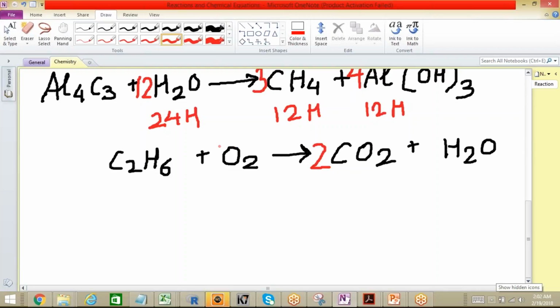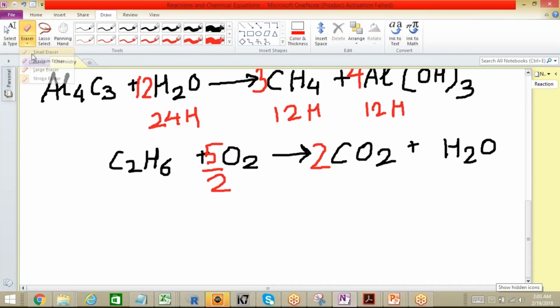Well, not to worry, let's have it as 5 by 2, right? Now, if you make it 5 by 2, what will happen? This 2 will be cancelled out, so 5 atoms of oxygen will be equal to 5 atoms of oxygen at the output level. Okay, well, if you use this fraction, it doesn't seem good actually.